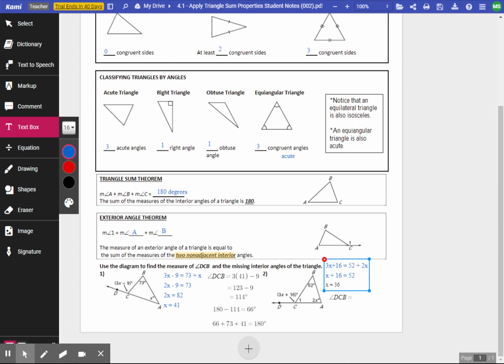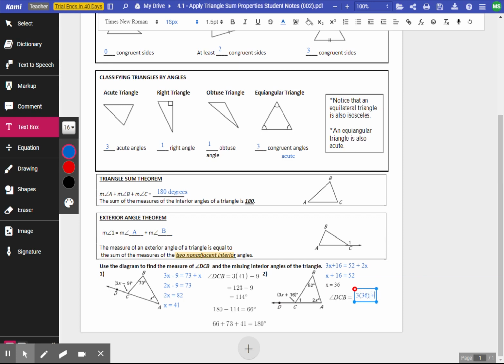Okay, so I got 36 for x. Angle DCB is going to be 3 times 36 plus 16. Once I get that answer, I can find the measure of angle 1 by finding the supplement to angle DCB.